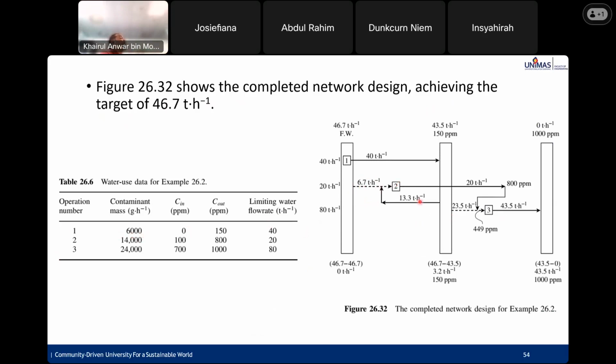So the limiting water flow rate for stream 1 is 40, directly.